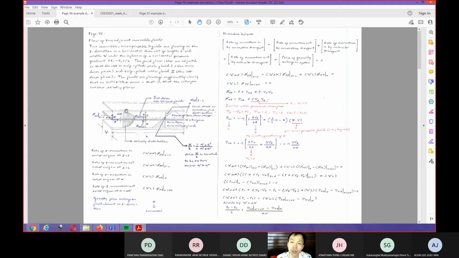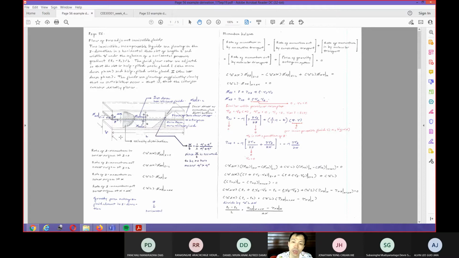I don't write it here, but at this point, in this example, you already know that Vz is a function of x. And then Vx will be equal to 0 because there is no flow in the x direction, and Vy will also be equal to 0 because there is no flow in the y direction.